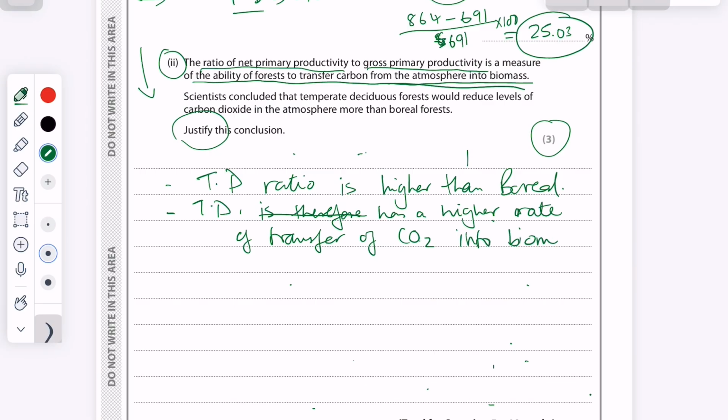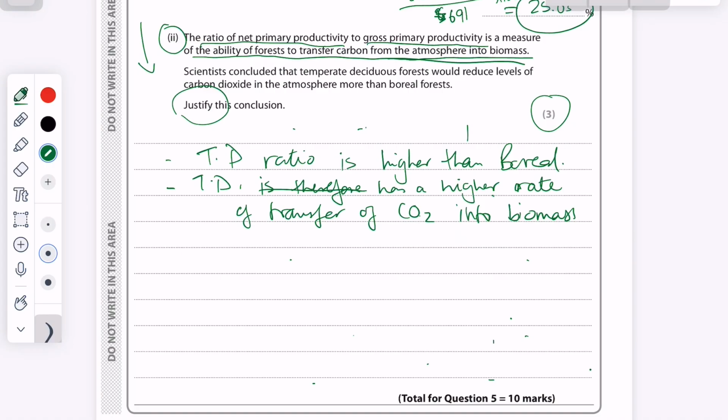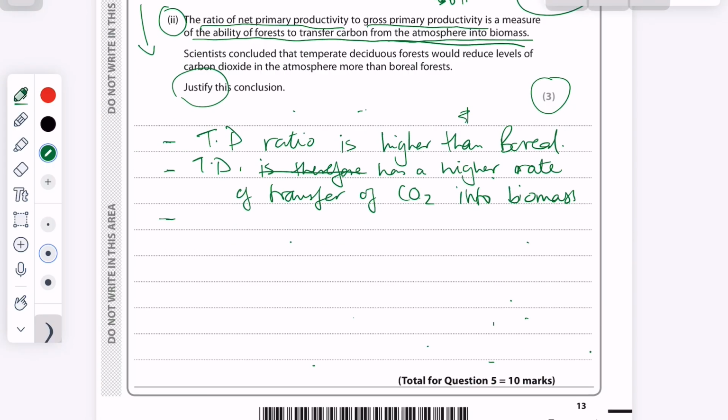I'm using the wording of the information that's being given to me to make my points a little bit more direct. TD ratio is higher than boreal. TD has a higher rate of transfer of CO2 into biomass because, okay, but I know I'm justifying. Do I need to be explaining? Possibly I do, because it connects to my knowledge and it justifies the answer.